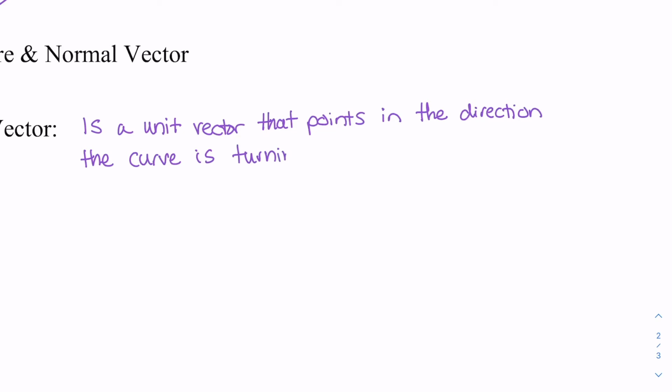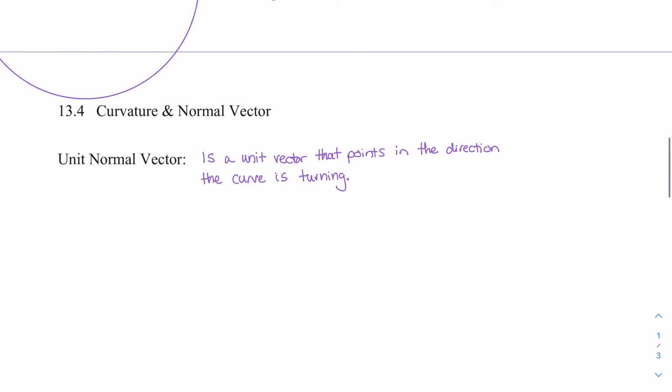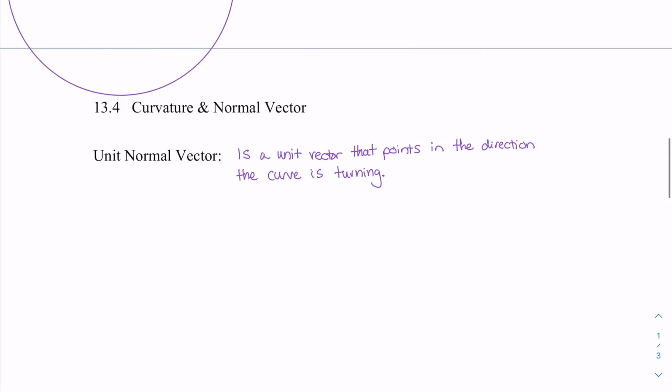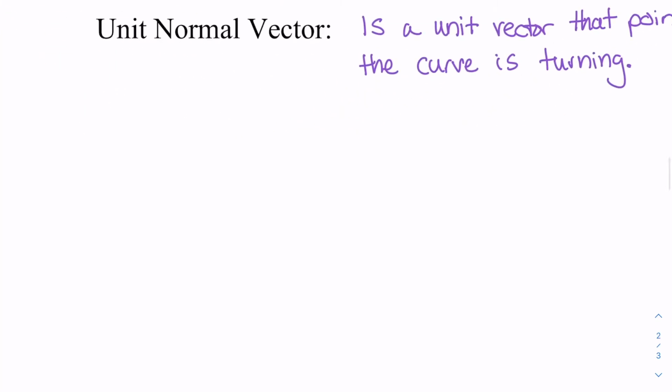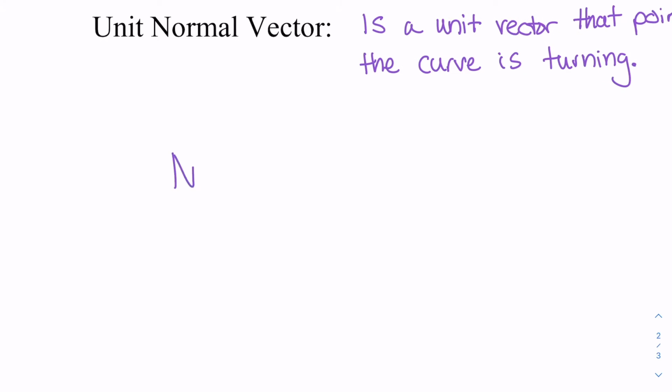So this is also related to curvature. It's pointing in the direction that we're turning. And so the formula for finding it is actually pretty simple. The unit normal vector is equal to the derivative of the unit tangent vector, dT, divided by its magnitude to make it a unit vector.